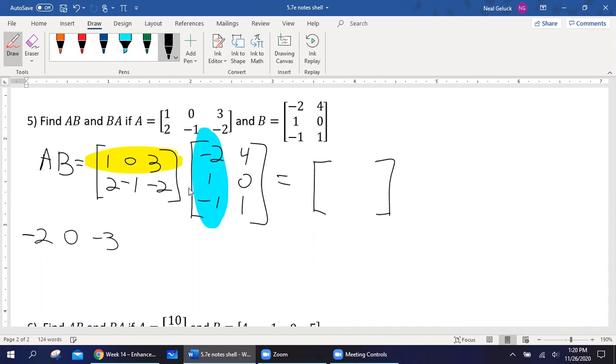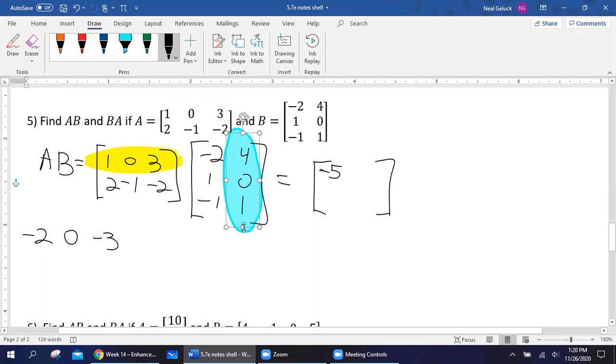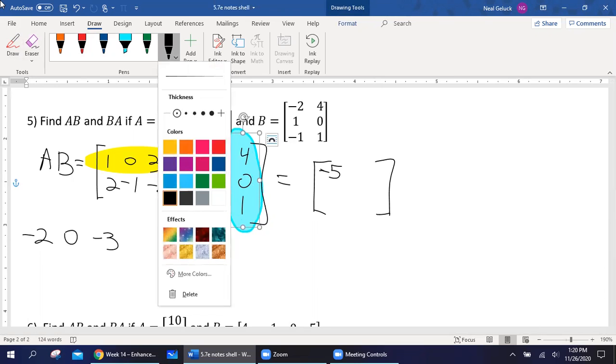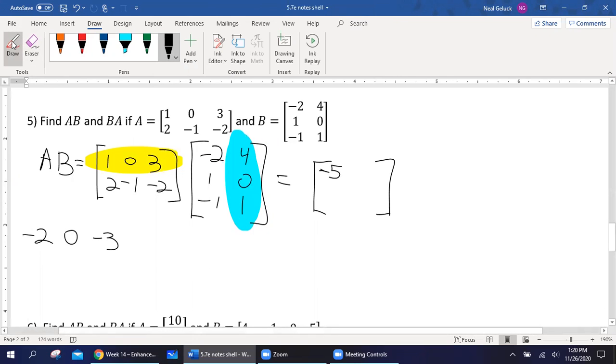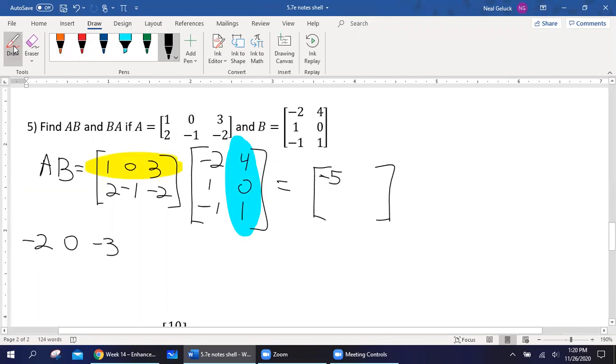So that was row 1, column 1. Hop over to the next column and do some multiplying. 1 times 4, 0 times 0, 3 times 1, add those together, 7. That was row 1, column 2.